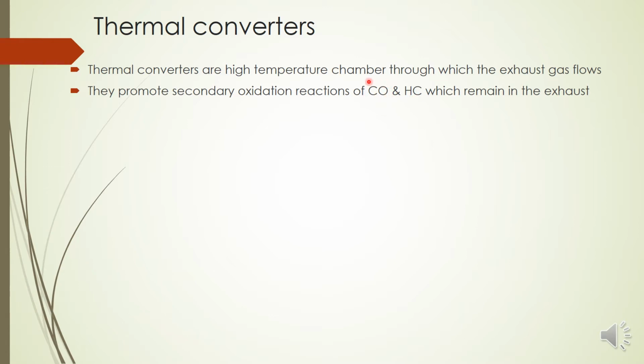After the first, primary oxidation, the carbon is converted to carbon monoxide and hydrocarbons are formed, so it will do the secondary oxidation. What is secondary oxidation? The excess oxygen present in the exhaust will react with this carbon monoxide to convert it to carbon dioxide.